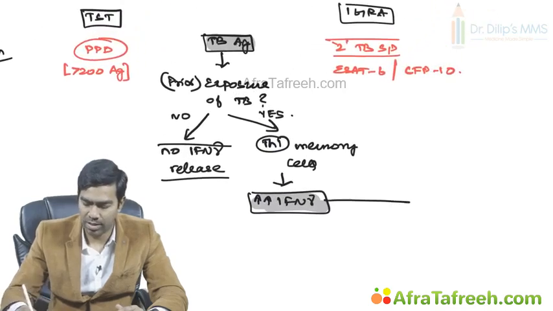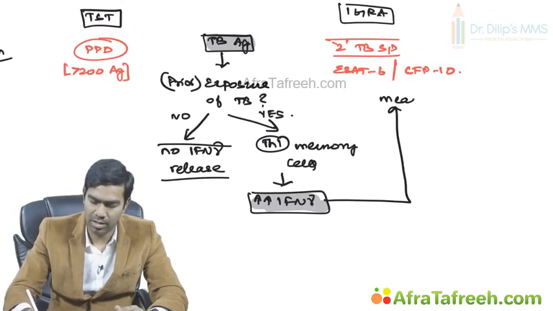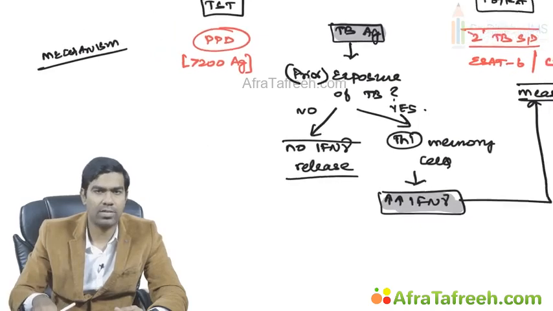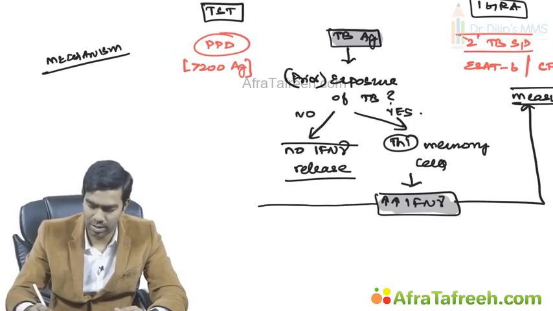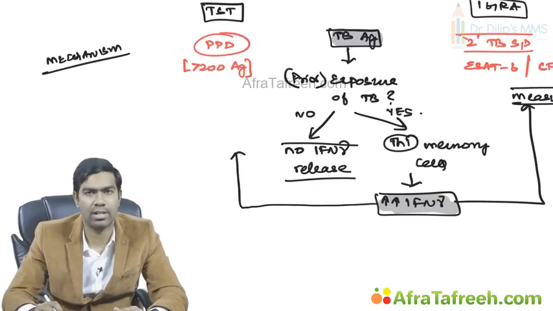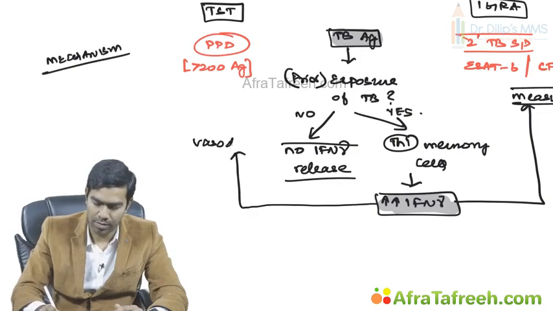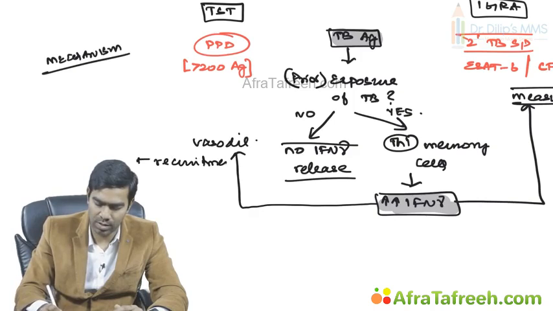In interferon gamma release assay, this is directly measured and quantified. Whereas in tuberculin sensitivity test, that is the Mantoux test, this excessive interferon gamma is not directly tested. Instead, it is indirectly tested, because they are going to produce vasodilation. Along with that, they'll cause recruitment of inflammatory cells to the inflamed area.